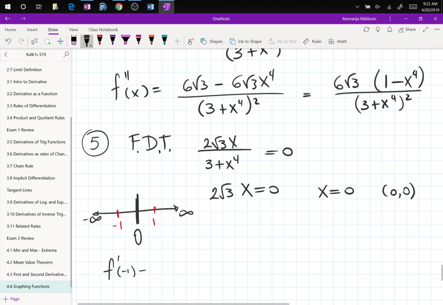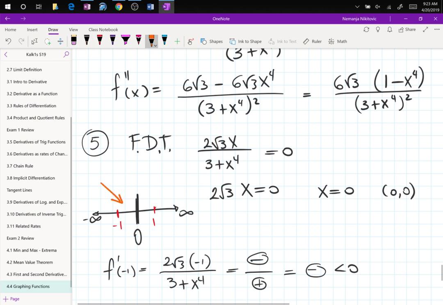F prime computed at negative 1. So that's going to be 2 root 3 times negative 1 divided by 3 plus x to the 4th. I hope you see this is negative over positive, which is negative, which is less than 0, and we have a decrease.